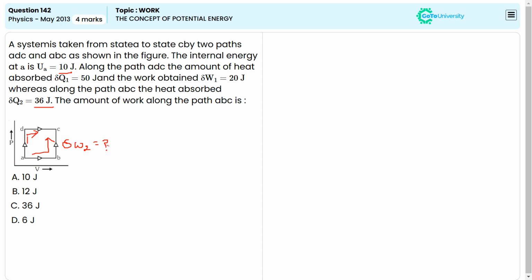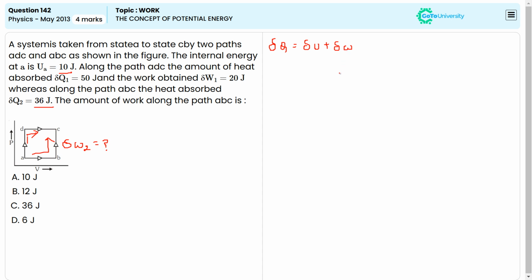Now, we know that according to the first law of thermodynamics, we can write delta Q is equal to delta U plus delta W. That means the heat transfer is equal to the change in internal energy plus the work done.